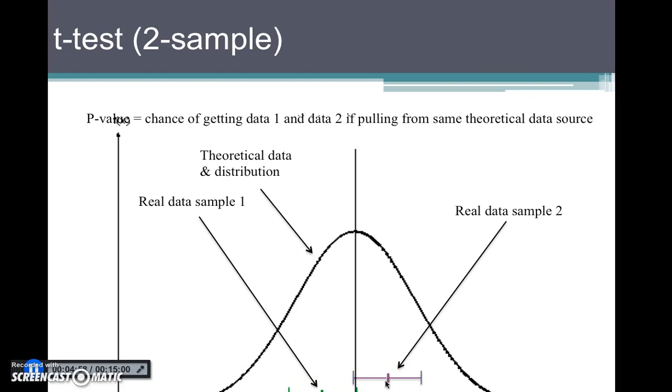So we would use a 2-sample t-test, and we would enter in our average, standard deviation, and sample size for the control group and the experimental group. And the 2-sample t-test would then give us a p-value, and that would help us determine whether these two groups are different. A small p-value would suggest that these two groups are in fact different. A large p-value would suggest that there might not be a difference between these two groups.